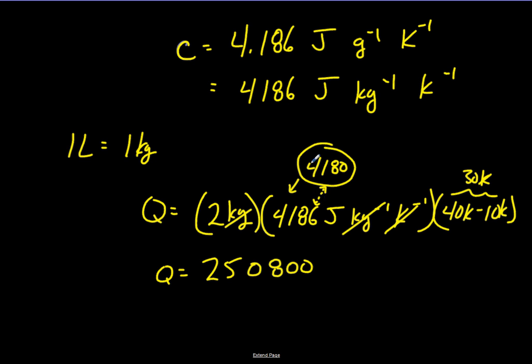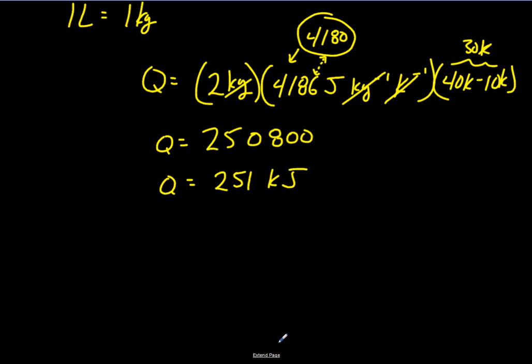Really we have 3 sig figs here, so we're going to round off to this anyway, right? So this is sort of an insignificant difference. So what we'll get then is we probably want to do it in terms of kilojoules at this point because that's such a large number. So we would just say probably 251 kilojoules, right? Does that make sense?